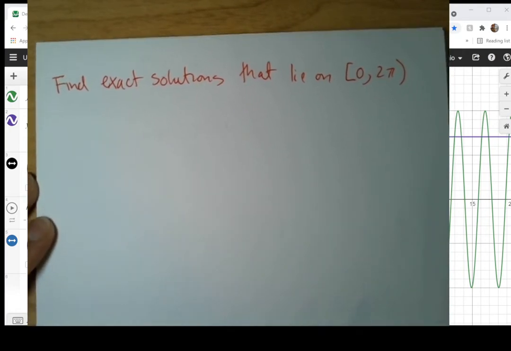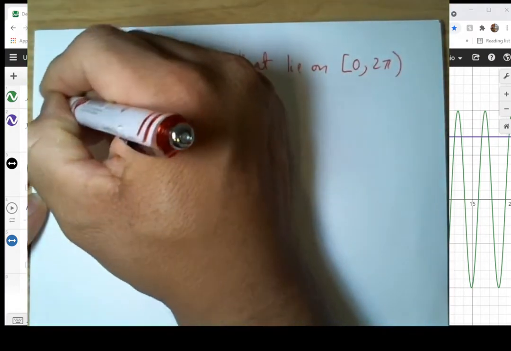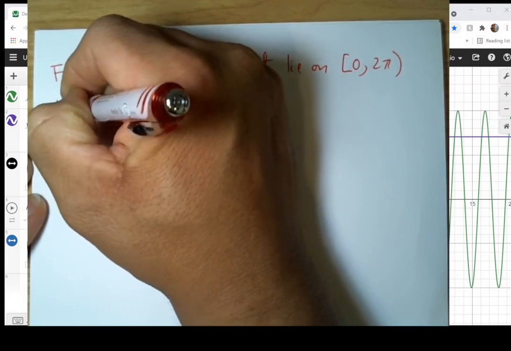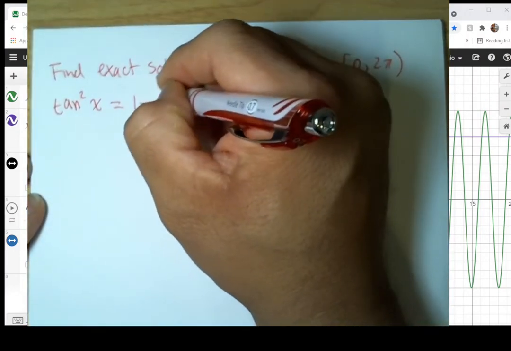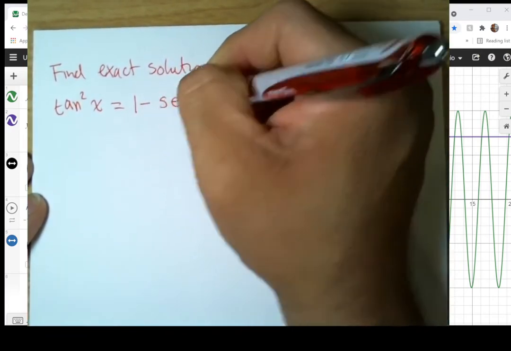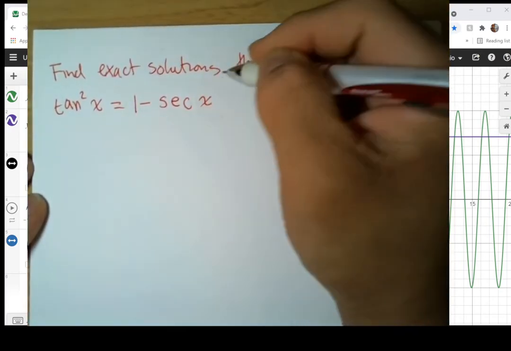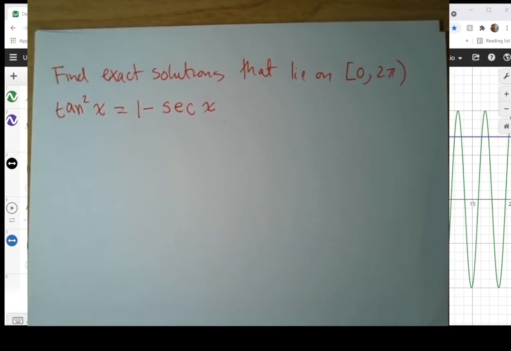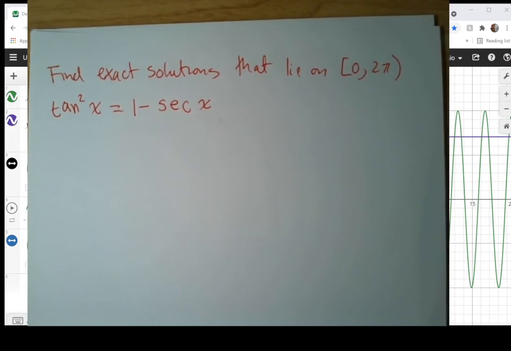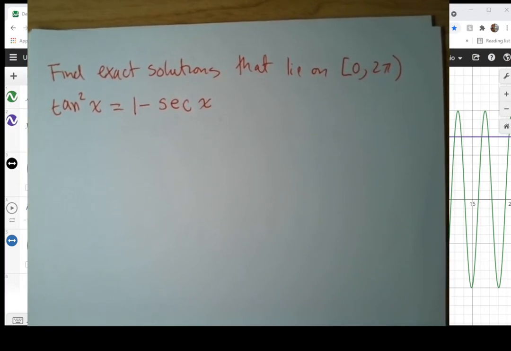So let's start off by solving tangent squared x is equal to 1 minus secant of x. Now, as a rule, I would like to have my equation all in the same trig function.